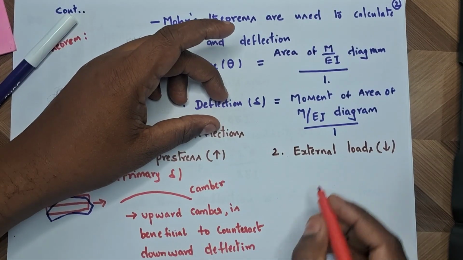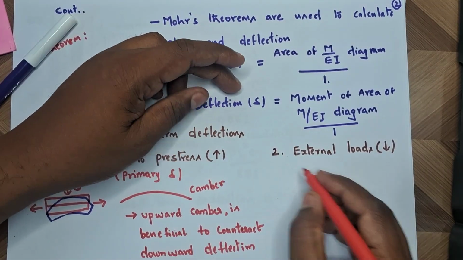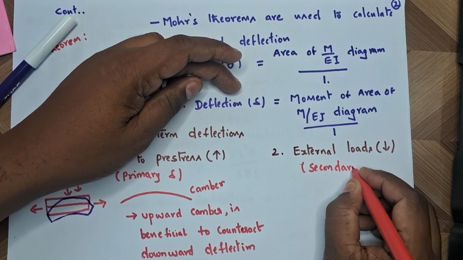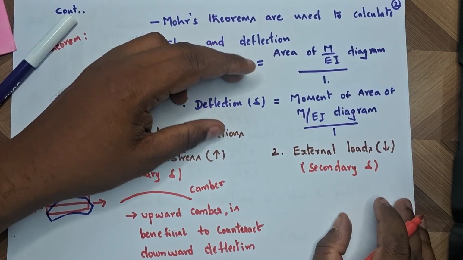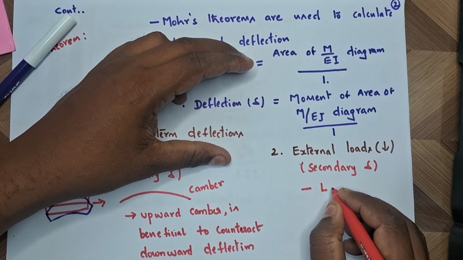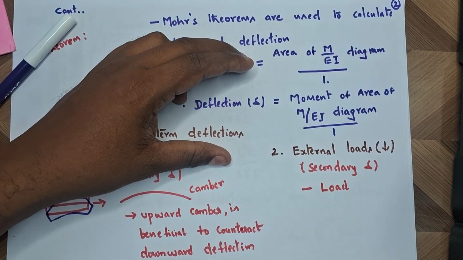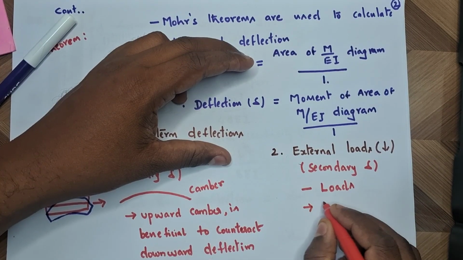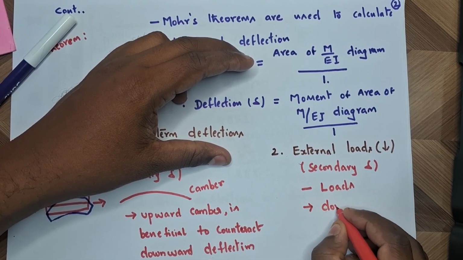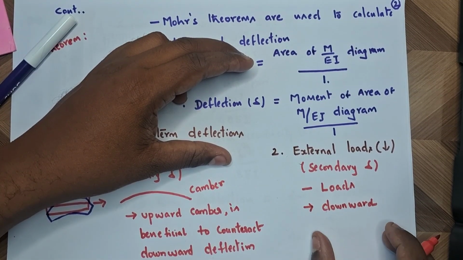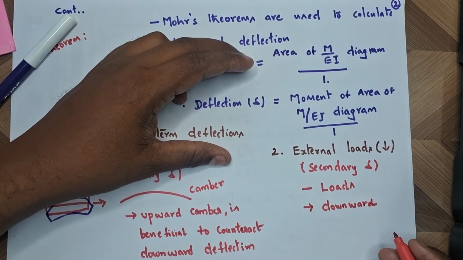Now, coming to the deflections due to external loads, these are secondary deflections. Generally, these deflections are caused due to loads, either self-weight or dead load. These deflections are always downward, and opposed to the prestress-induced camber.